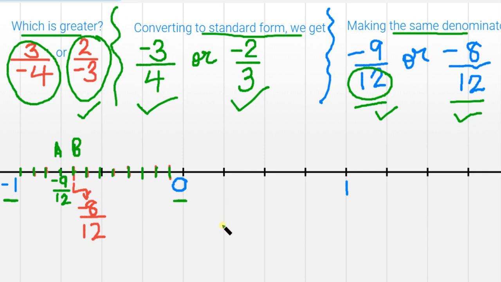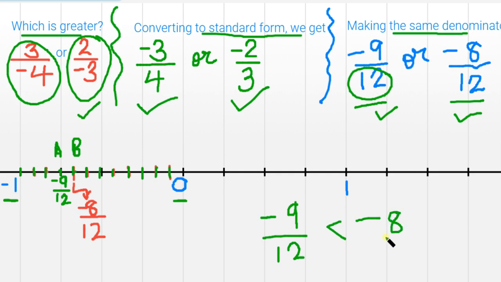That means point A is smaller than point B, which shows that minus 9 upon 12 is smaller than minus 8 upon 12.